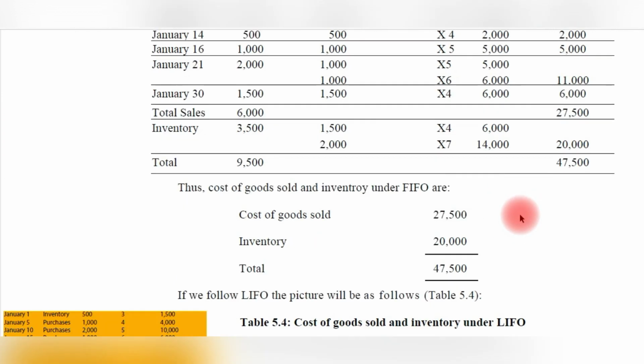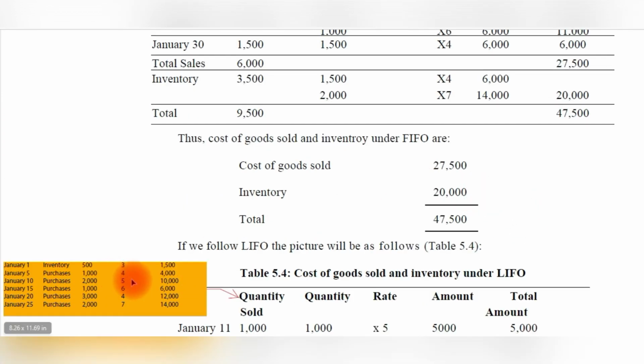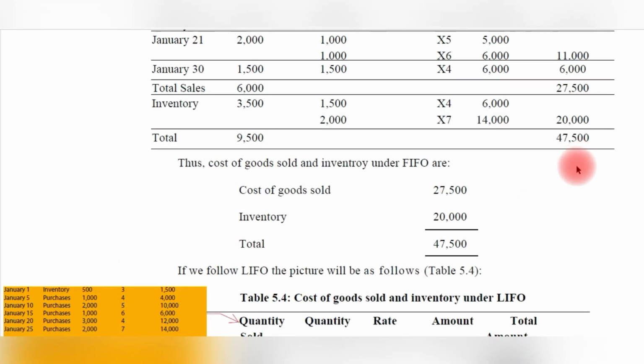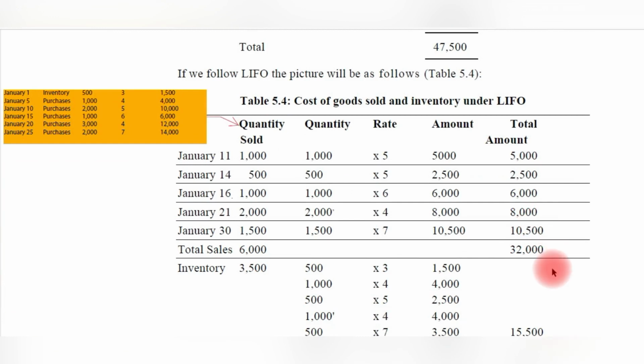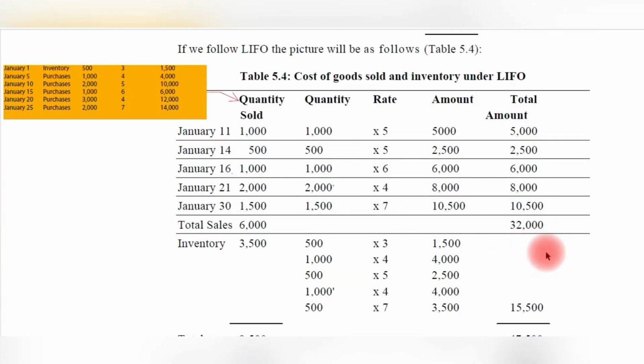So what we understand is, as the price is increasing, in this example also it is increasing from 3, 4, 5, 6, 4 and 7, the cost of the goods sold will be low in the first in first out method, and it will be high in the last in first out method. This will be very much useful for arriving at the gross profit. Gross profit means total sales minus the cost of the goods sold.